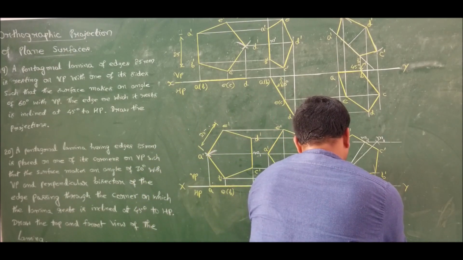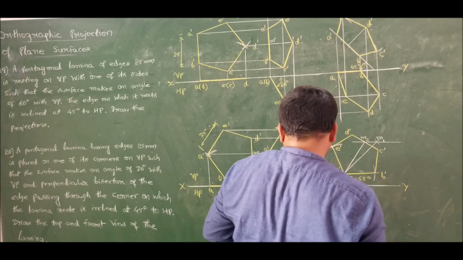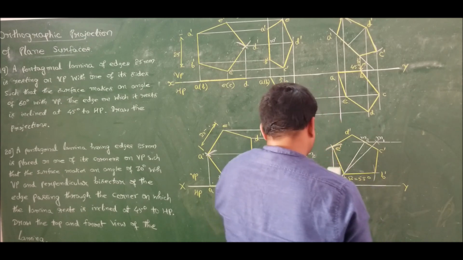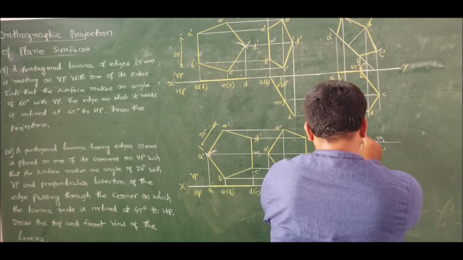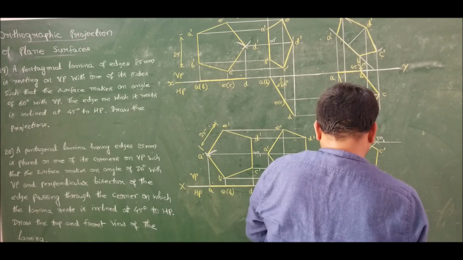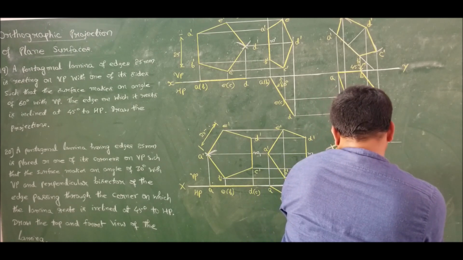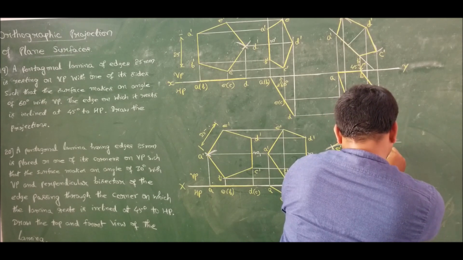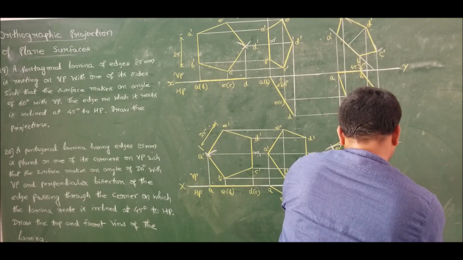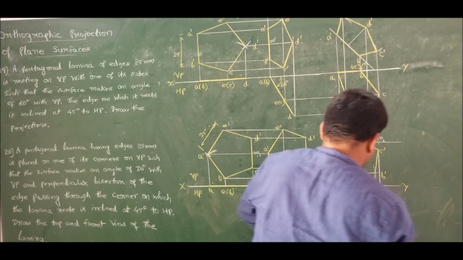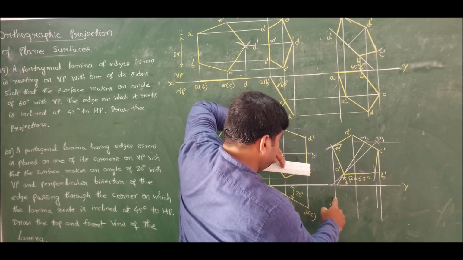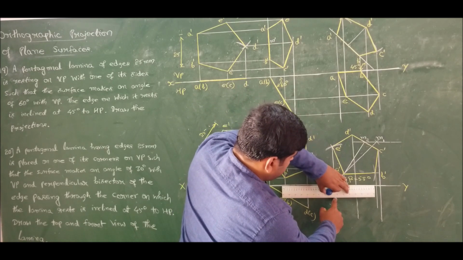So it is resting on one of its corners, that is A. We have E and D, B and C. E is here and B is till here.